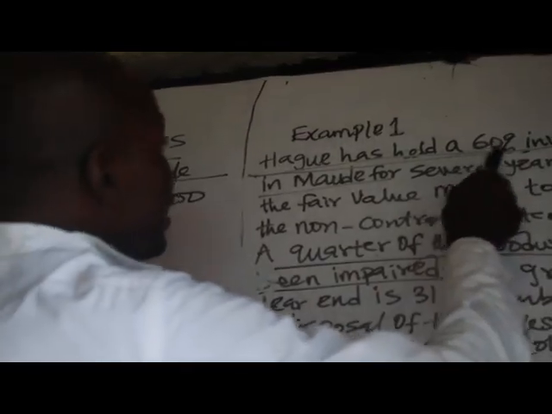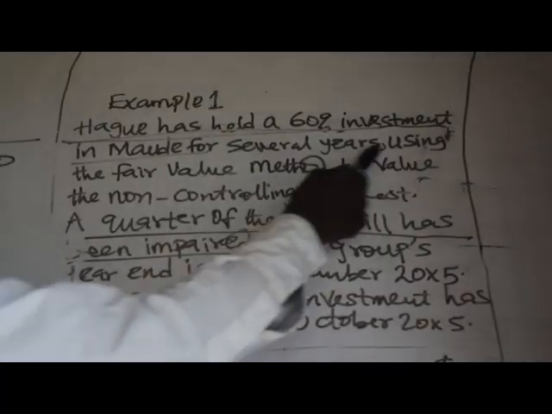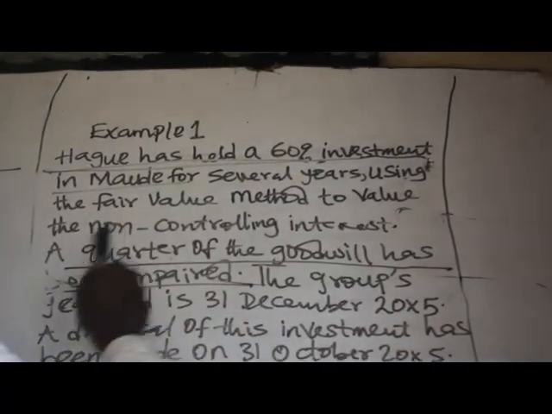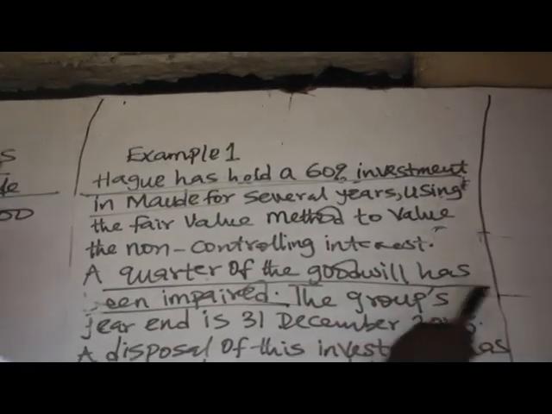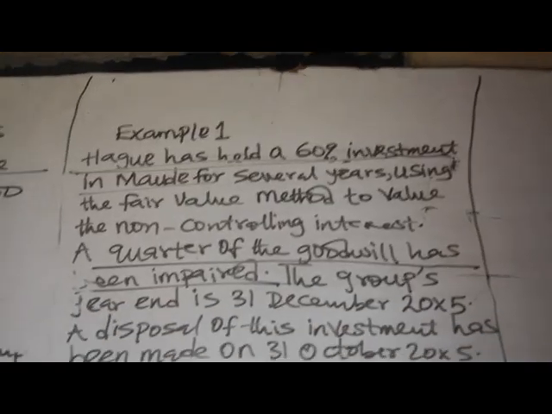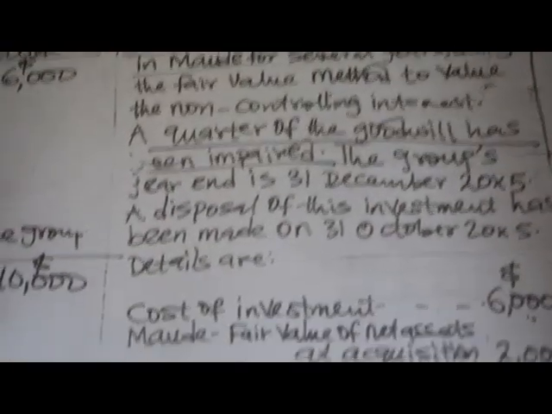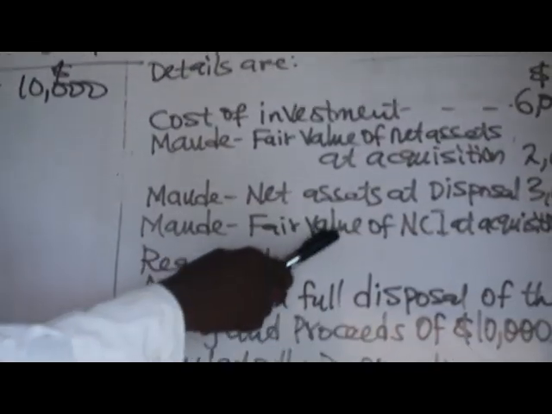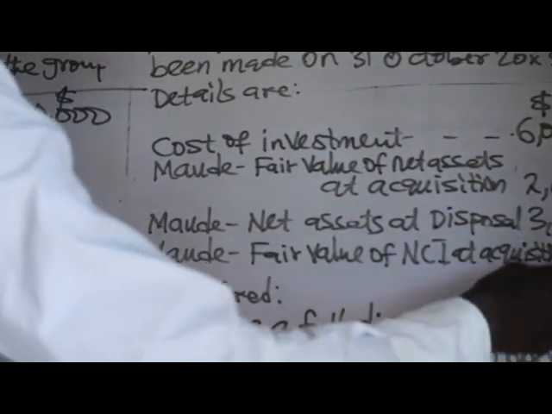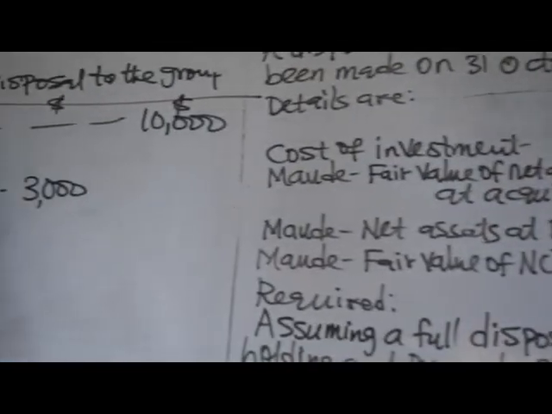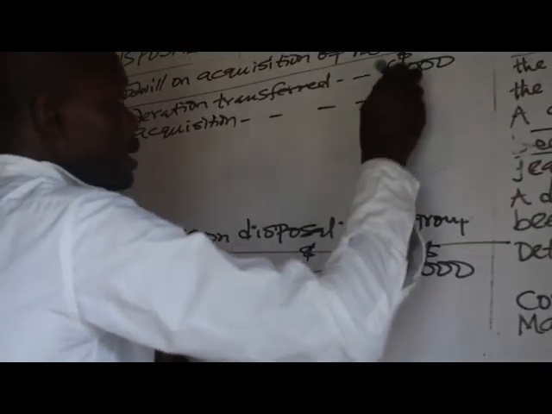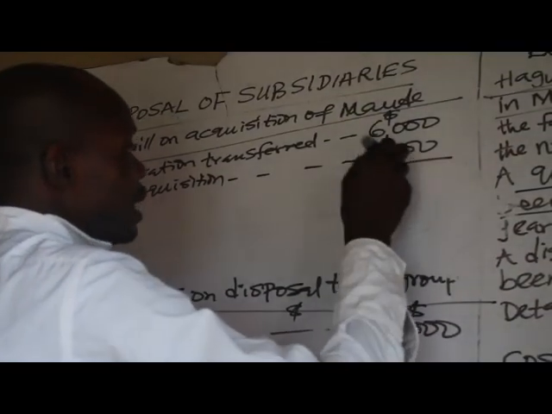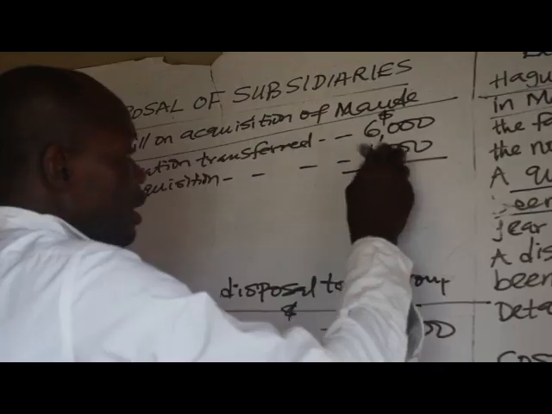Back to the question. Huge has held its 60% investment in Mild for several years, using the fair value method to value non-controlling interest. A quarter of the goodwill. How much is the fair value of non-controlling interest? So now we have Mild. Fair value of NCI at acquisition 1,000. So if you add the 1,000 to 6,000, you have 7,000.